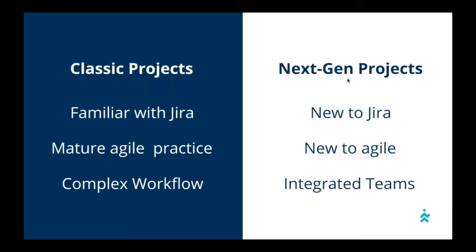I'm really excited to use next-gen projects because we can configure the project faster, we can deliver value to our company faster, and we can start to use agile methodology. We can have more information with next-gen projects for your company if you are not a Jira expert, if you are not an expert at configuring all those schemes, etc.